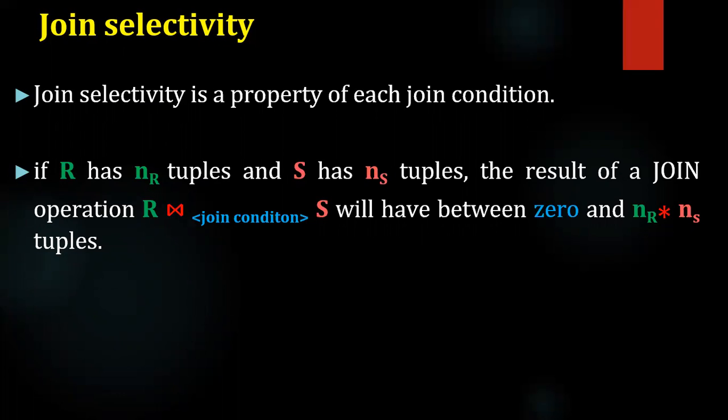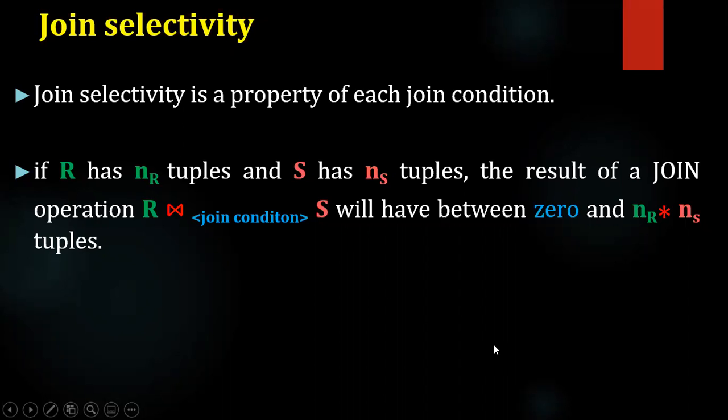So this is about the join selectivity and the number of tuples in the result.